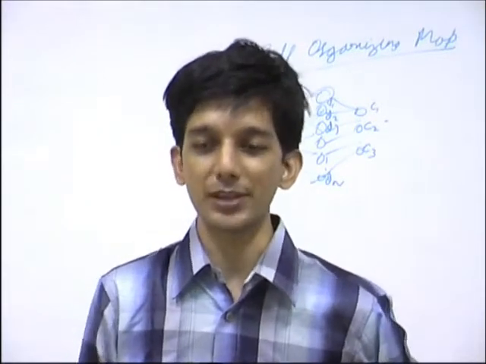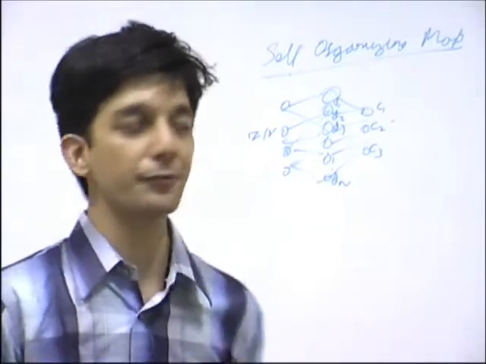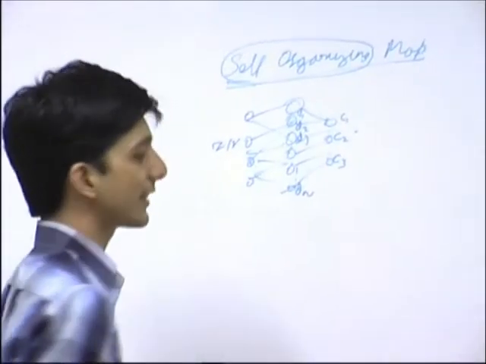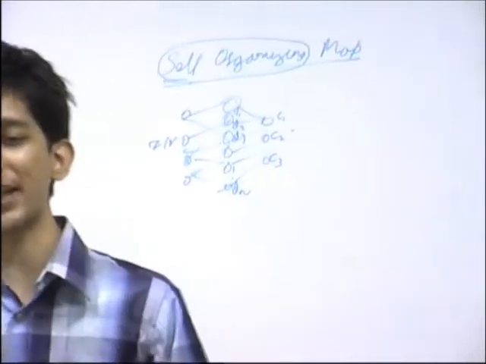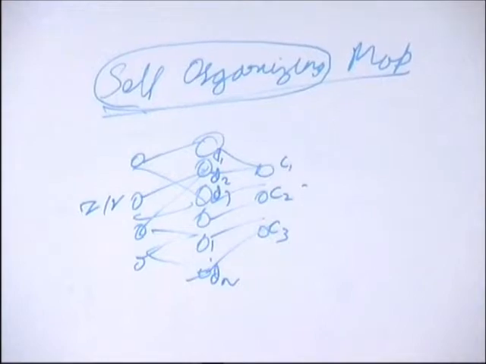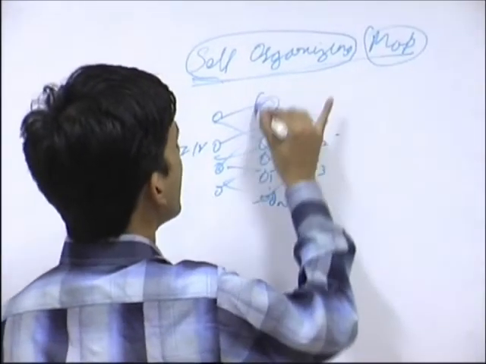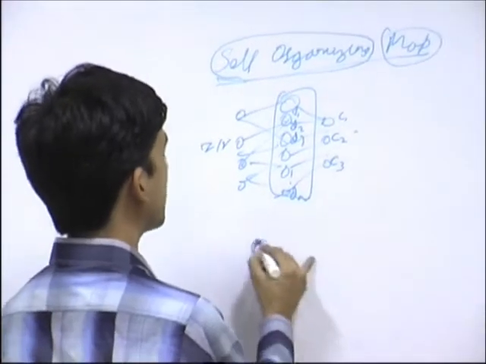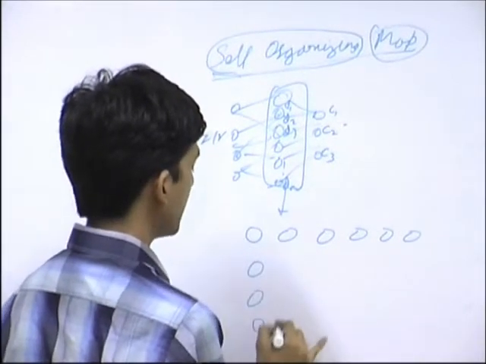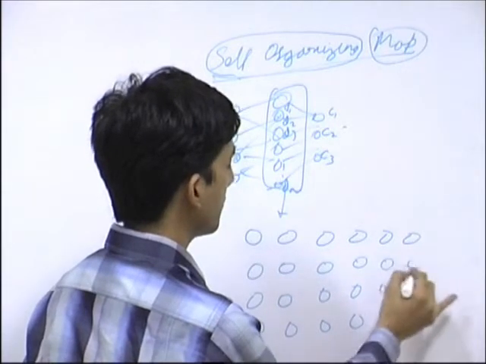But then why is it called self-organizing map? That is because of two things. As the name says, self-organizing means they organize themselves according to the input applied. And then it's a map, because this hidden layer is nothing but a collection of neurons arranged in this kind of structure.